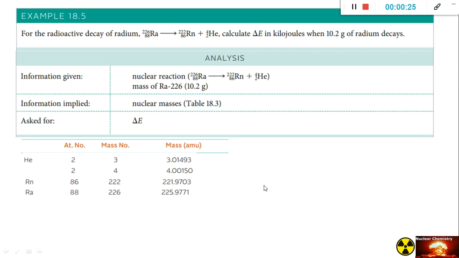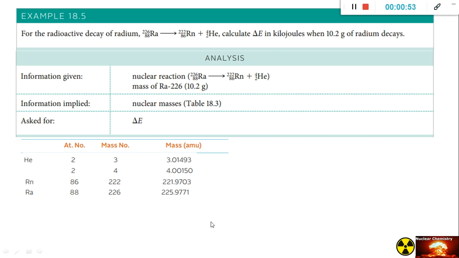So we have here the given: the nuclear reaction and the mass of radium-226, which is 10.2 grams. And we have the nuclear masses. Table 18.3 will be posted on Schoology. And we are asked for delta E.